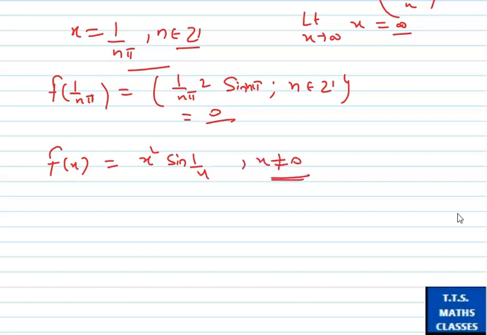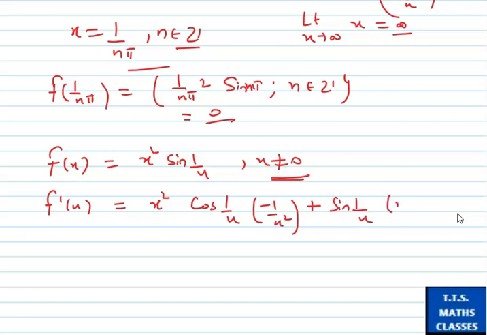So let us check f'(x), which is equal to x² cos(1/x) · (-1/x²) plus sin(1/x) · 2x. When we cancel it, it becomes 2x sin(1/x) minus cos(1/x). So it is f'(x).